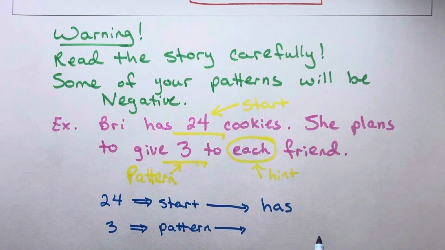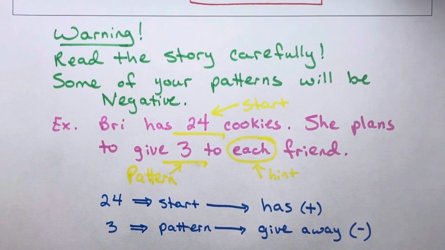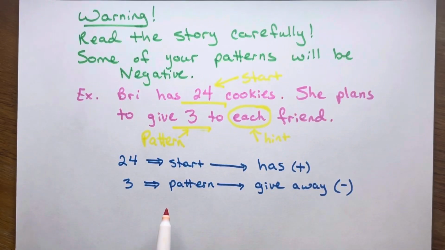When you have something, that is a positive number. And then she is giving away 3 to each friend. And if you are giving them away, that is a negative action. All right. Let's write our equation. Y equals, since we are giving things away, this is a negative decreasing action.